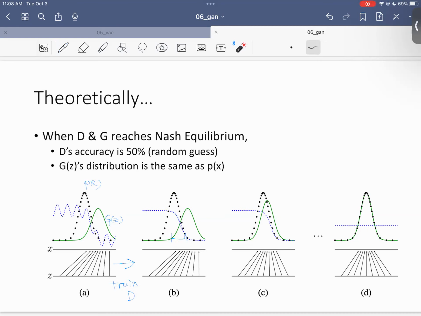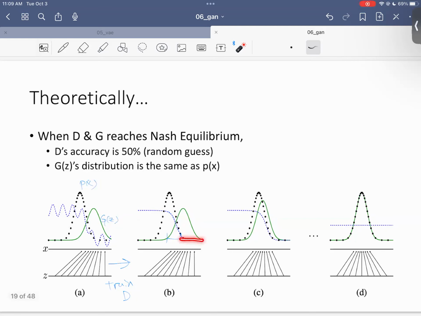You can see that it decreases from 1 to 0 gradually, and when G(Z) and PX meet here, the prediction score is 0.5, right? And after that, when PX's support is gone and all that's left is G(Z), this is when the output of the D function is 0. So you can see what's happening here.